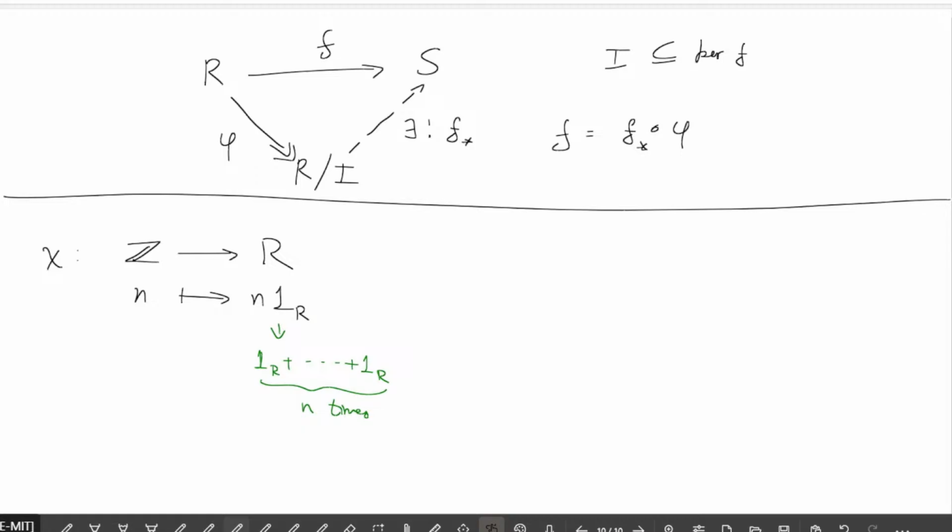Yes. We'll quickly check. m plus n goes to (m plus n) times 1_R, which is, why is this true?